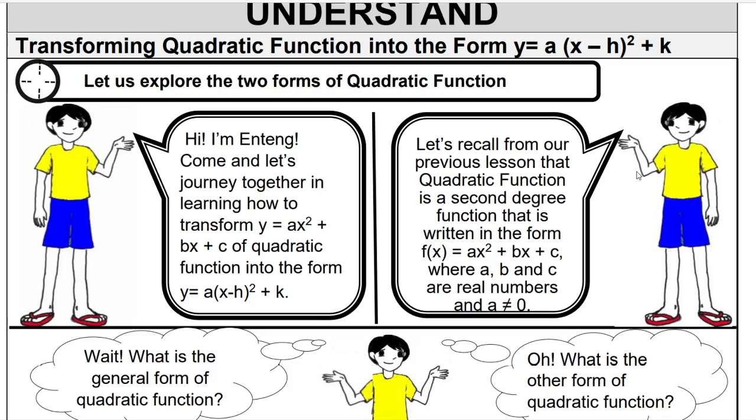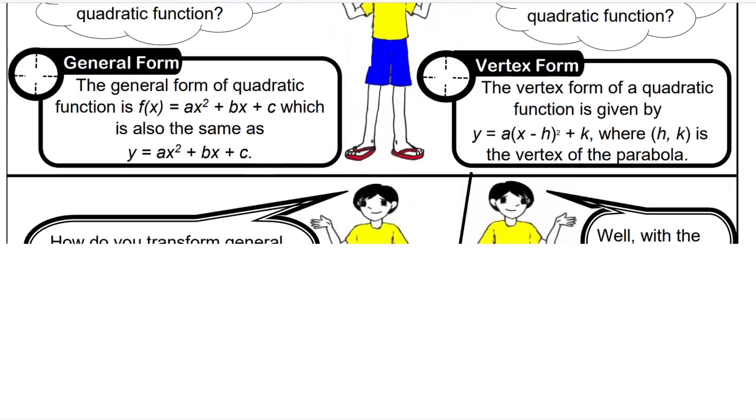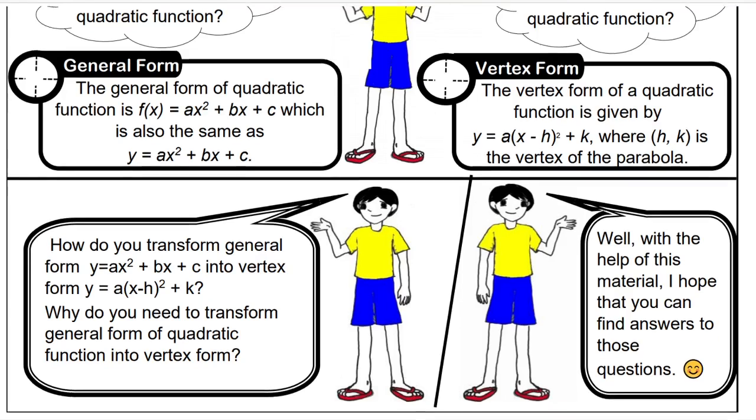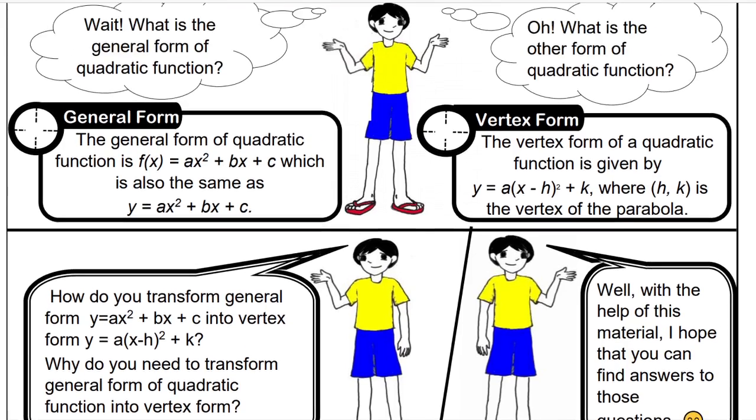But before that, let's recall from our previous lesson that a quadratic function is a second-degree function that is written in the form f of x equals ax squared plus bx plus c, where a, b, and c are real numbers and a is not equal to 0. But wait!